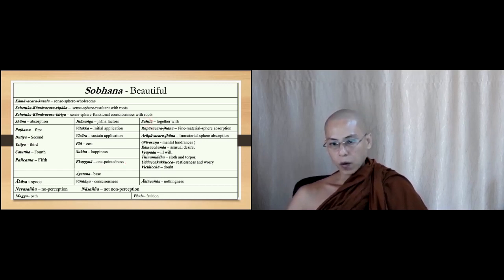You will find the keyword sahita when we study about the rupavacara jhana, coming together with 5 factors. So together with sahita, vitakka sahita, vicara sahita, in this way. And rupavacara jhana, arupavacara jhana.